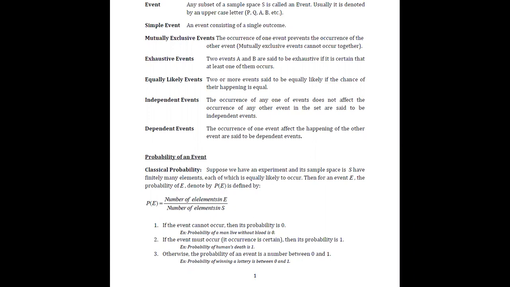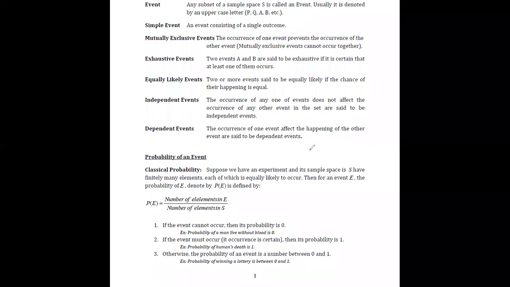Now we will see how we can define the probability of an event. There are several ways that we can define the probability of an event. Here, I will discuss the classical approach for defining the probability. If you are saying this as the classical probability, we can define the probability of an event as follows.